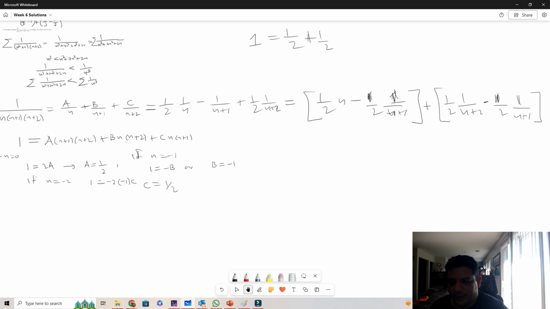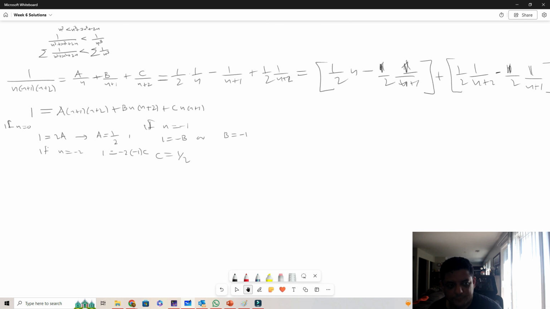So in that way, the series of 1/(n, n plus 1, n plus 2) can be seen as, let me just split this into two series, the sum of two telescopic series.